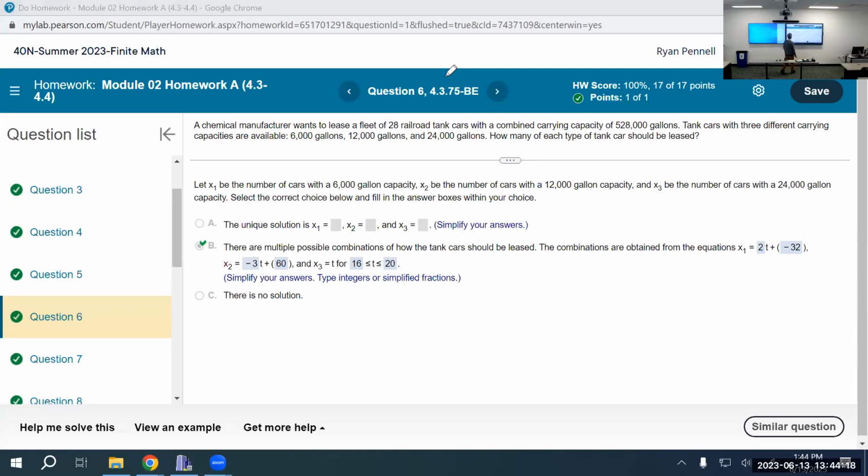But that's a really good question, so don't lose track of that one. So here we have an amount of tank cars, and then we also have an amount of gallons. So I think we could set up a gallon equation, and we could set up a tank car equation. I think that's something we could do. So that's what I'm going to try to do. So I think I'd have X1 plus X2 plus X3 equals 28.